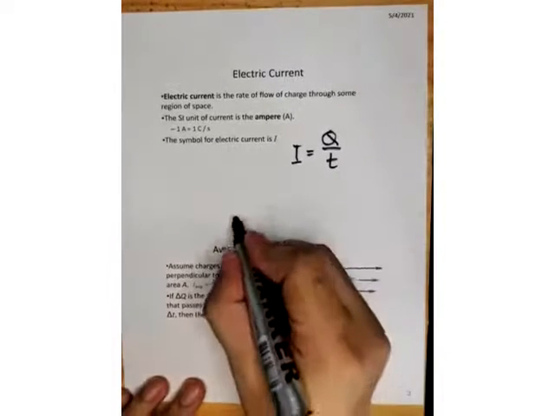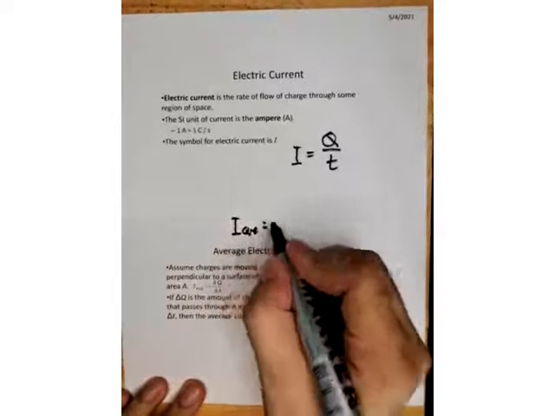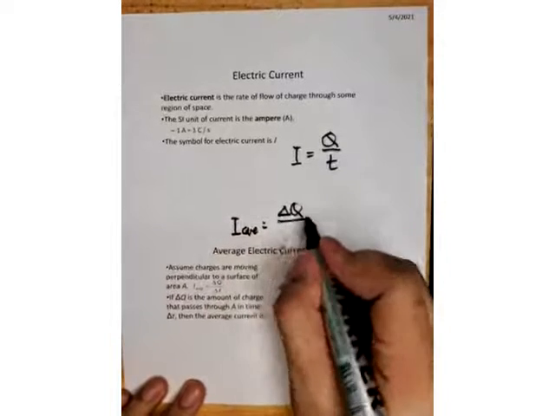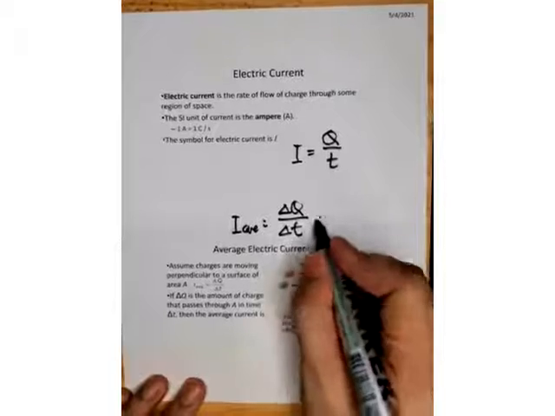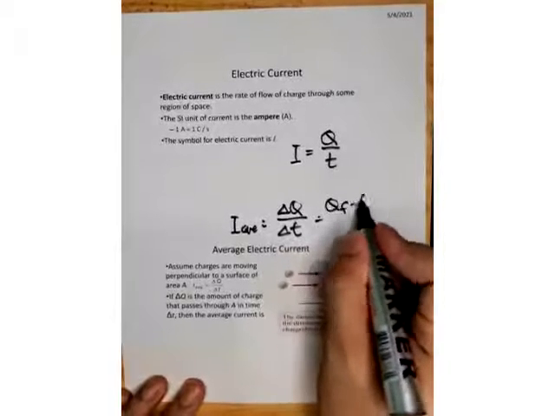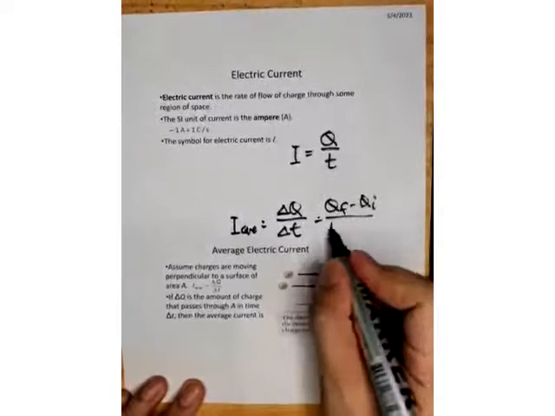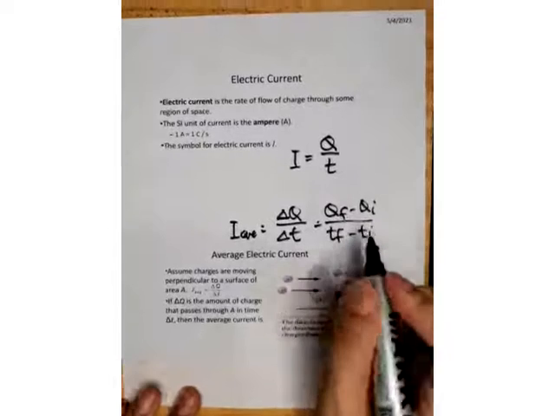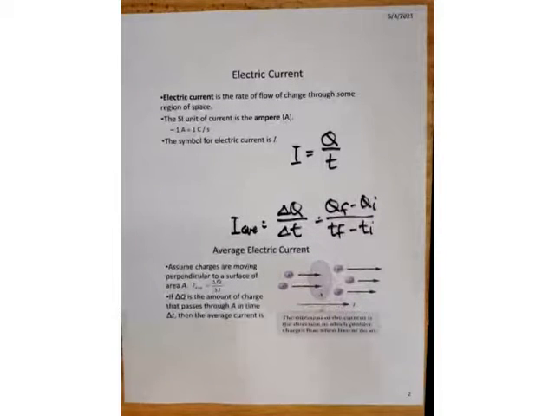When we look for the average current, that is equal to the change in the total charge over the total time. So that's equal to Q final minus Q initial over T final minus T initial. That is the total number of charges moving through a particular area over the total time. So that is the average current.